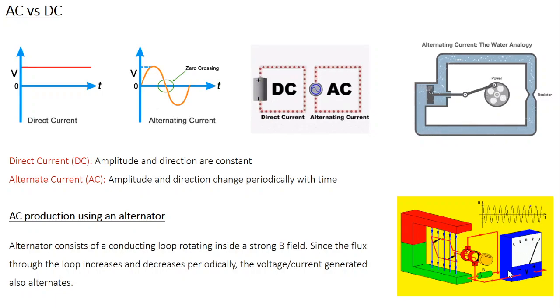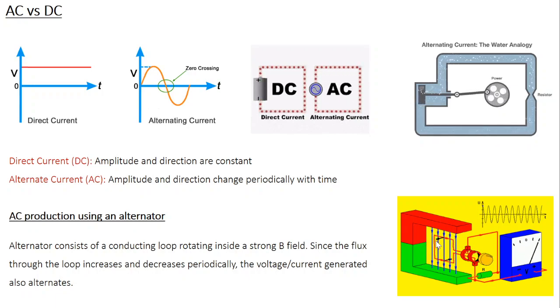So using some mechanical force, when you rotate the alternator, this loop is kept inside a strong magnetic field, and the blue lines here indicate the direction of the magnetic field. As you can notice, when the loop is along the plane of the magnetic field, the flux through the loop is zero, and when the loop is perpendicular to the magnetic field, the flux through the loop is maximum.